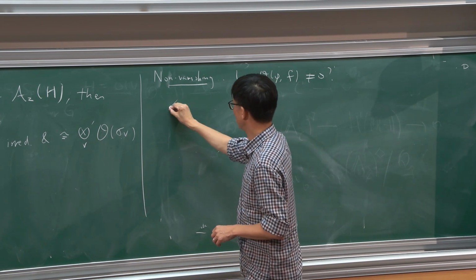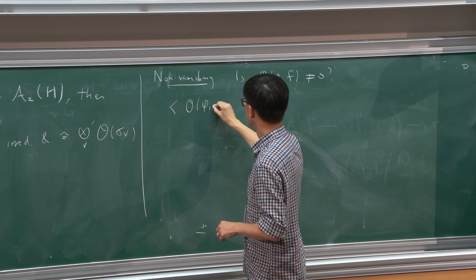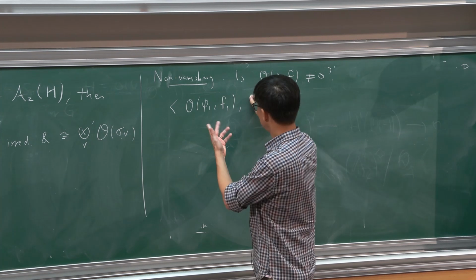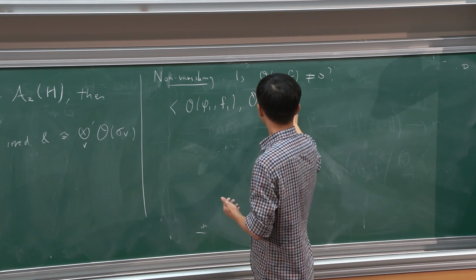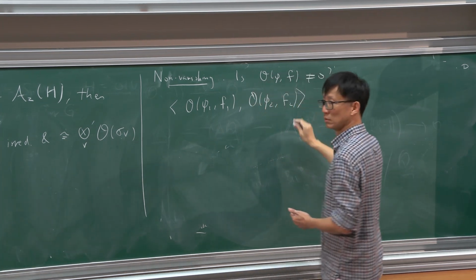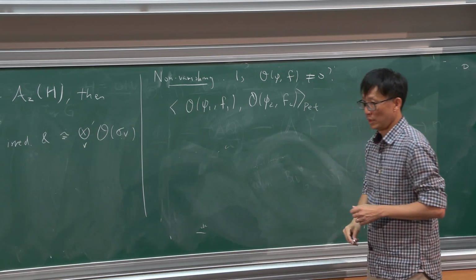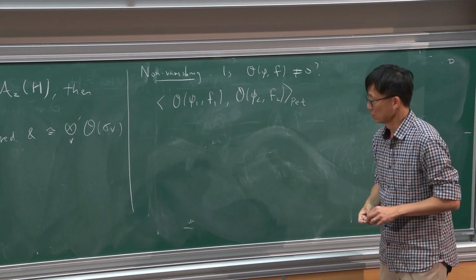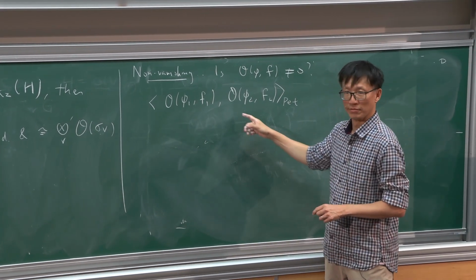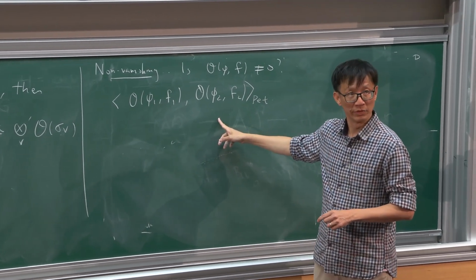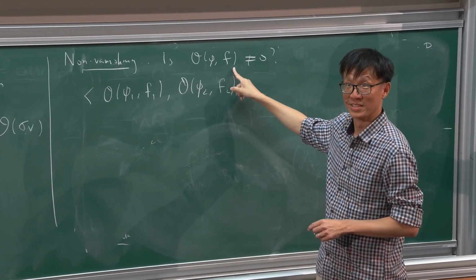But here's another way. We are going to take two such guys and compute the L2 inner product, the Petersson inner product. There are two possibilities. One is that this thing diverges. If it diverges, the functions are certainly non-zero.